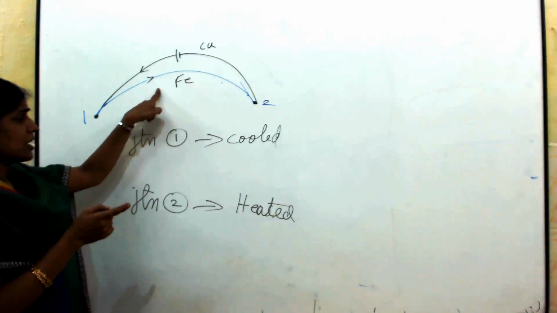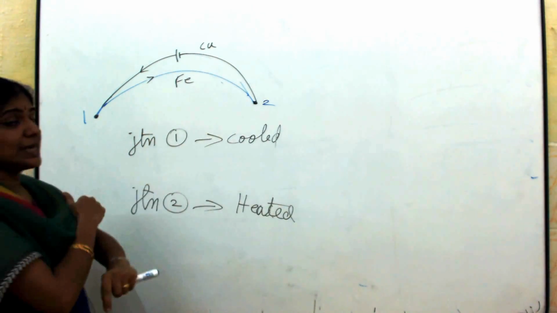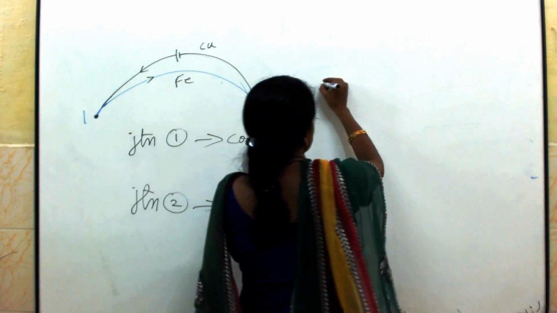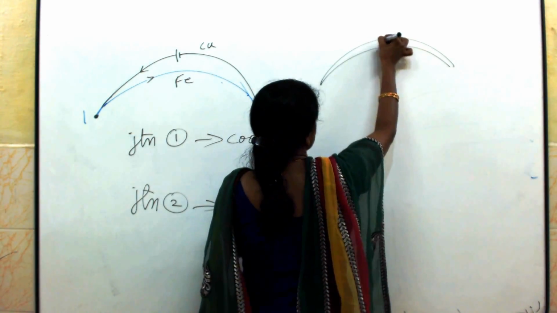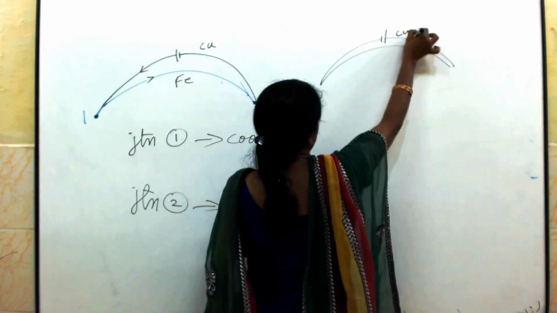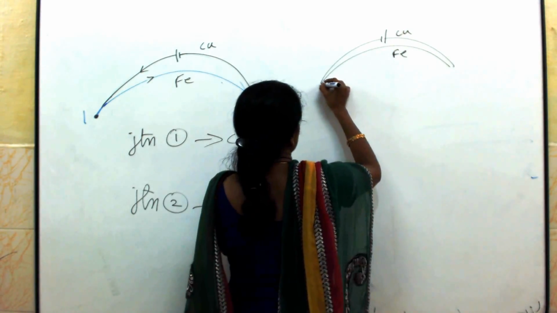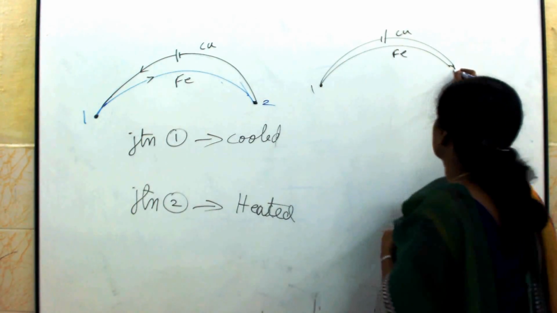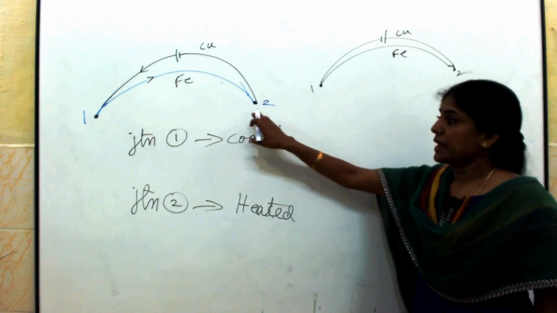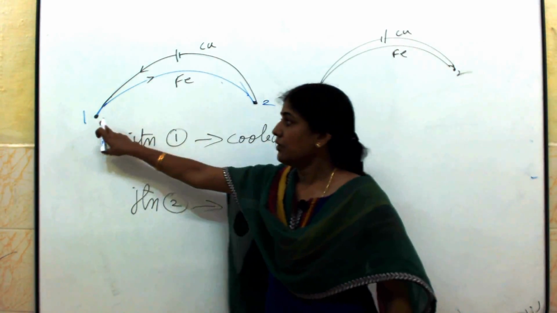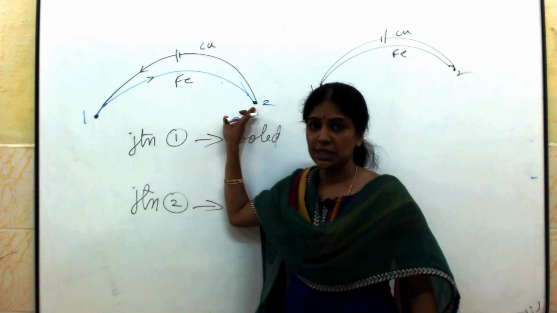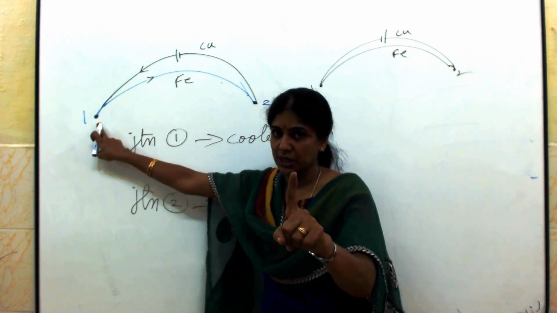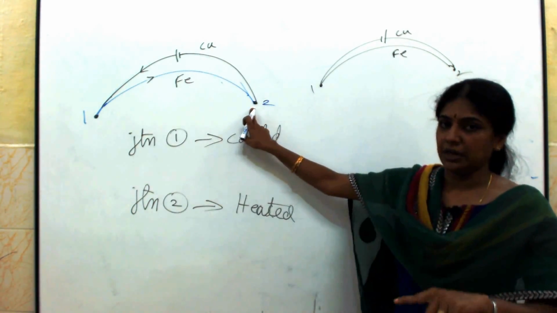Now, in this Peltier effect, what happens if I reverse the direction of the current? See here, the same thing, copper and iron. This is negative, this is positive, this is copper, this is iron. So these are two different junctions. In the Peltier effect, when two different metals are joined to make two different junctions, heat is absorbed at one junction and heat is evolved at another junction.